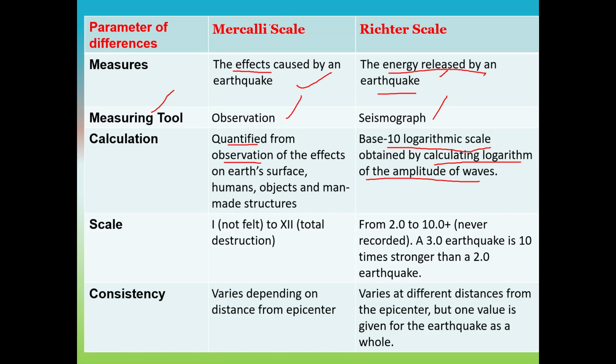Mercalli scale runs from 1, which is not felt, to 12, which is total destruction. Whereas the Richter scale runs from 2 to 10, where 2 is barely recorded, not felt much. Each step after that is 10 times stronger than the previous number, that is tenfold.